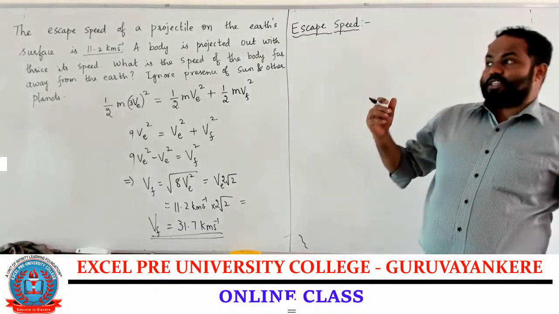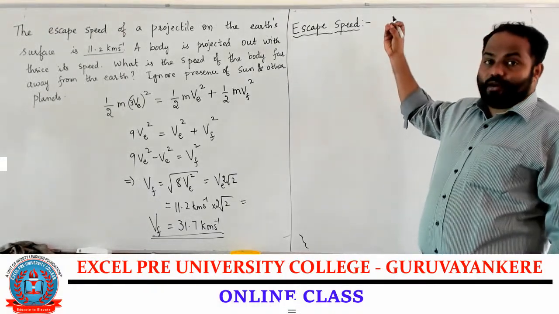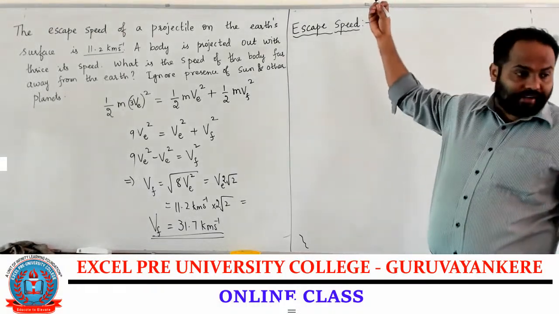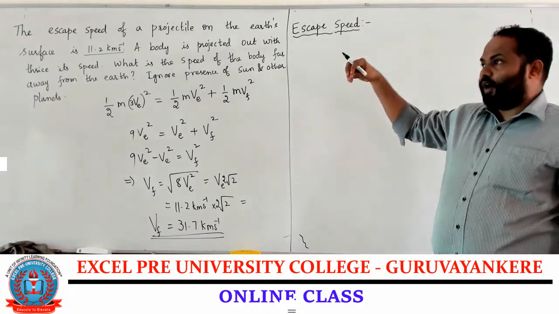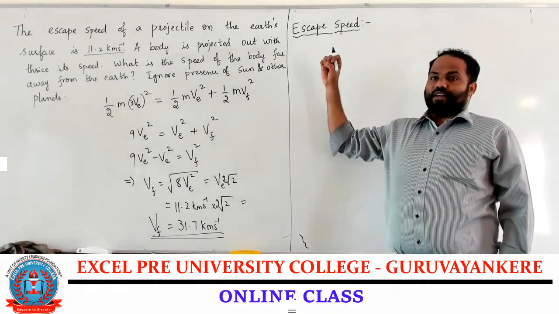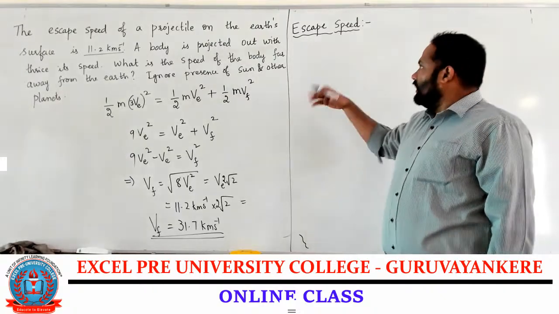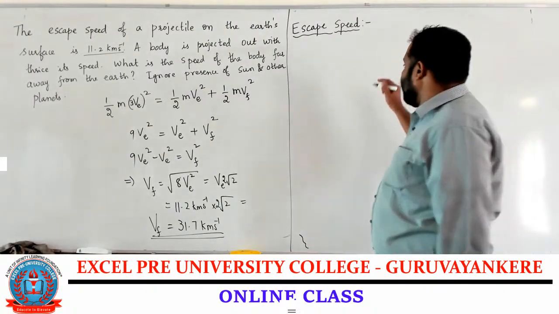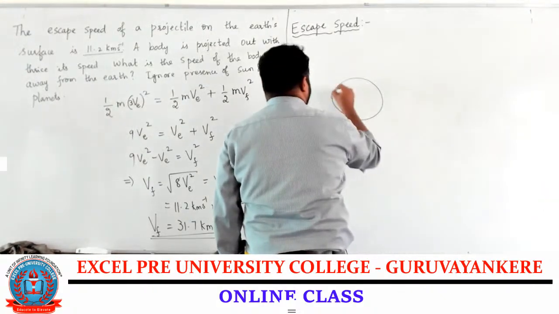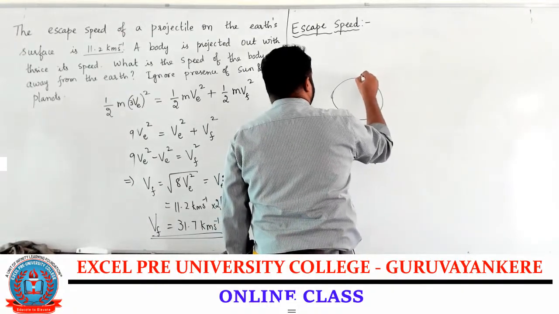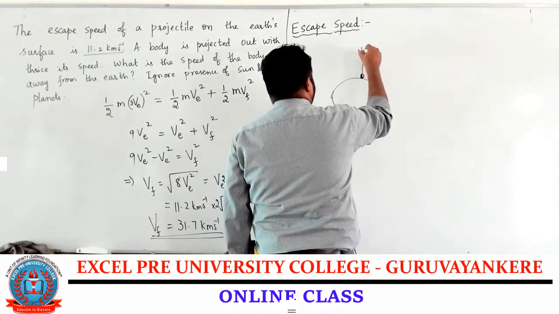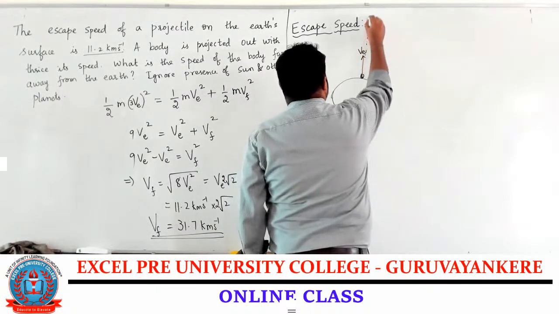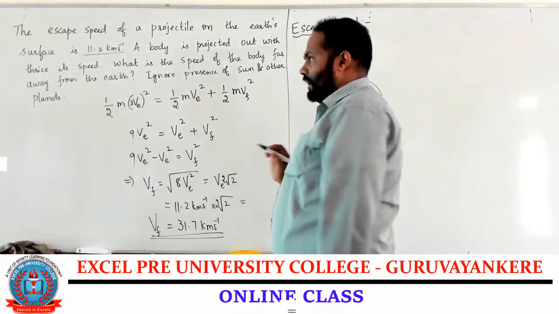In gravitational potential energy, you are trying to pull an object from an infinite distance to a given point. Here you try to project an object with an initial speed such that it will escape out of Earth's gravitational pull.